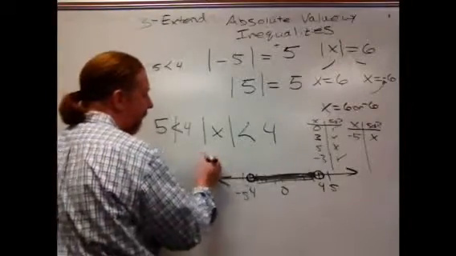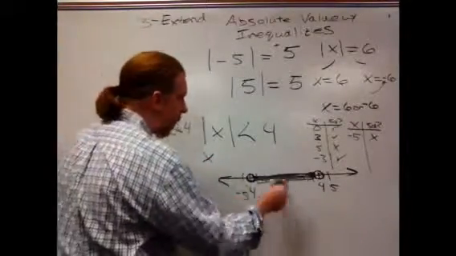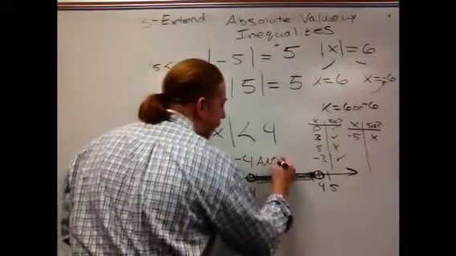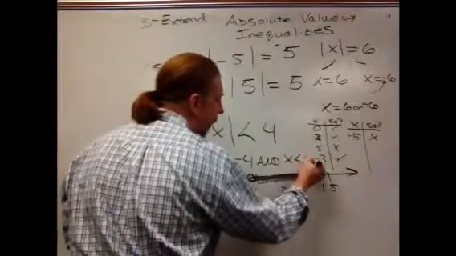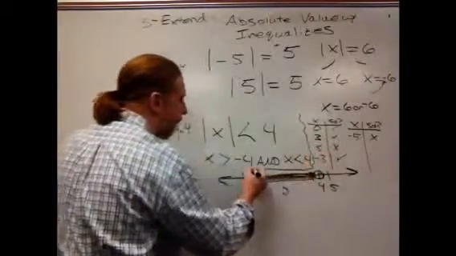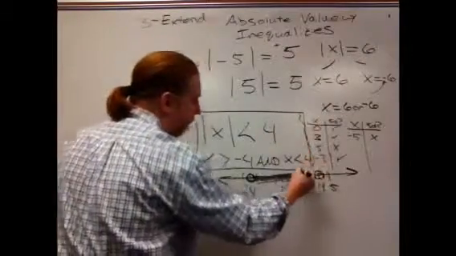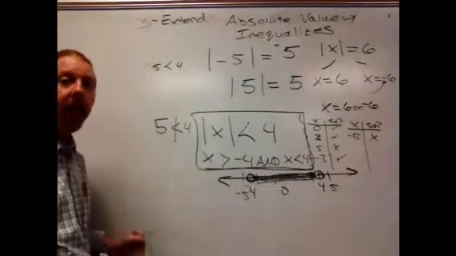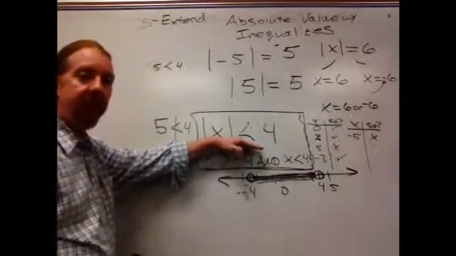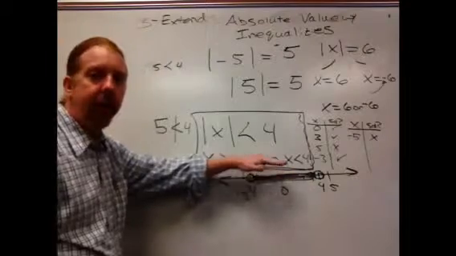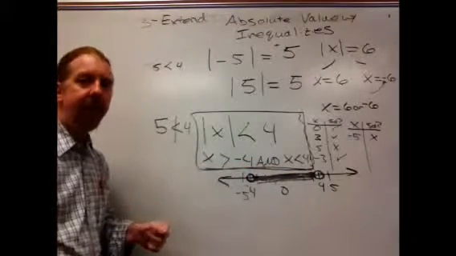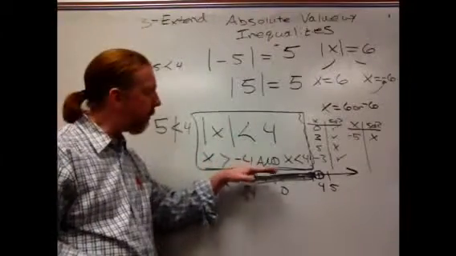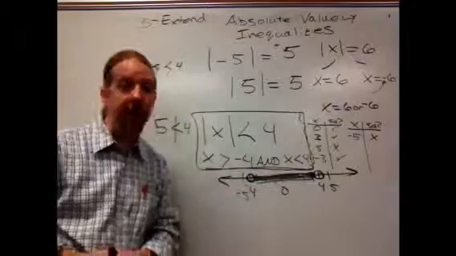And I can say, x must be greater than -4, and it must be less than +4. In other words, this statement here is now split using the word and. So whenever my absolute value is less than something, I'm going to be using the word and to create some compound inequalities.